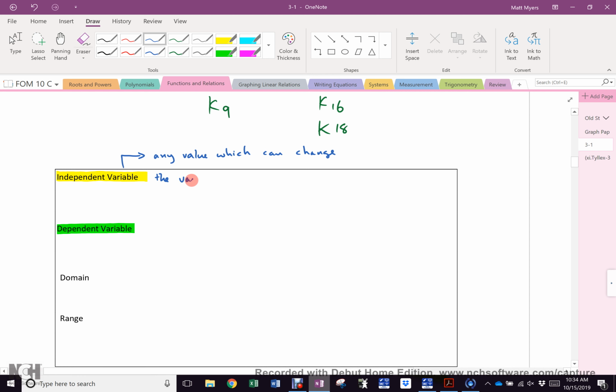So, the independent variable is the variable which we can always define. As long as there's a kid in that desk, that kid has a name.